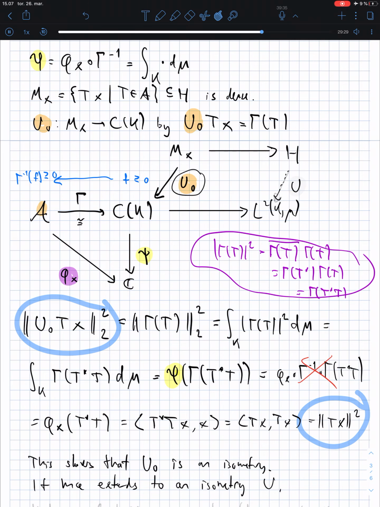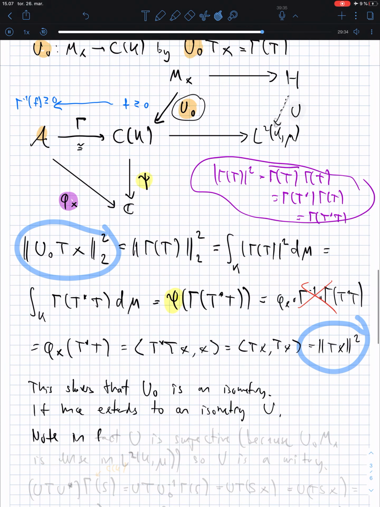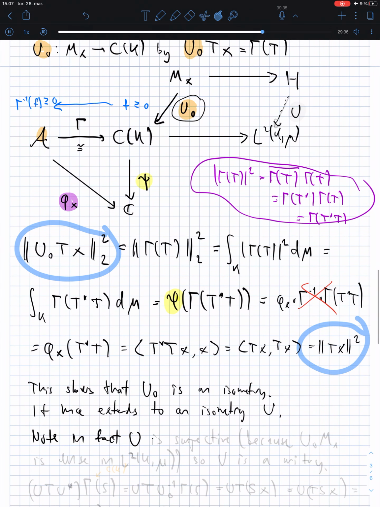And furthermore, note, in fact, U is surjective because U0 applied to Mx is dense in L2(K, mu).